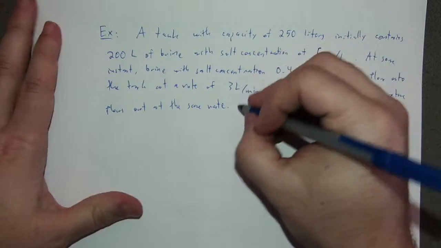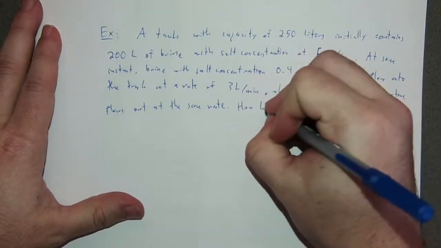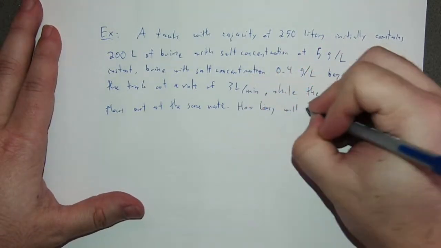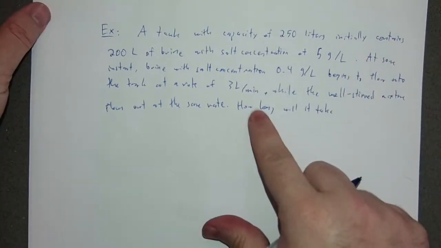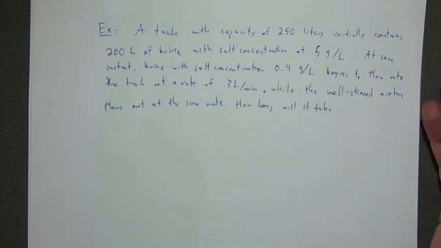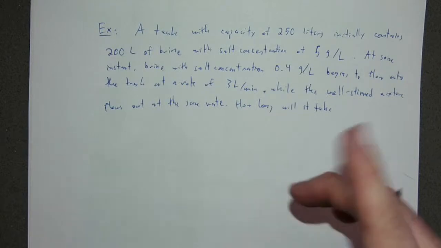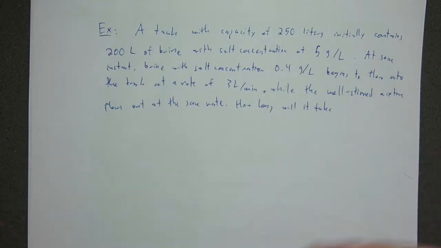So how long will it take? Notice, before I've written down anything, what am I being asked for? How long will it take? I'm being asked for a time, in minutes, for how long it will take for the salt concentration to be reduced to some particular value.